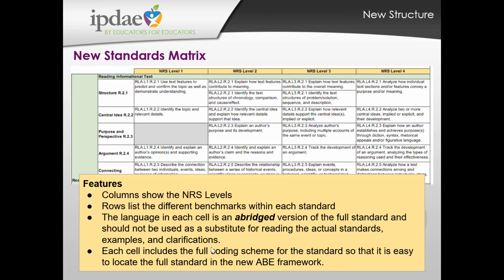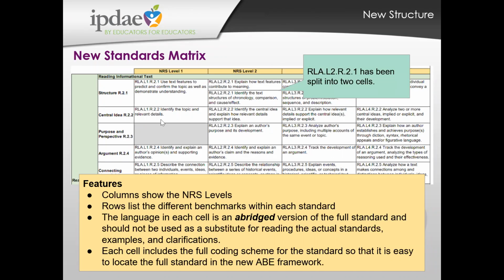So it's not a substitute for reading and internalizing the actual standards, examples, and clarifications. The best way to think about this is that it's more of a cheat sheet. Each cell does include the full coding scheme for the standard. That is going to make it easier to locate the full standard in the ABE framework when you are looking for it.